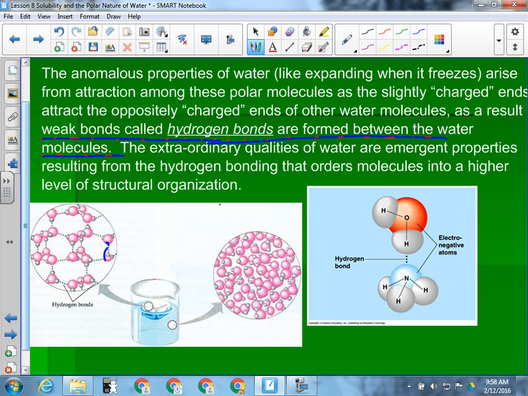Cohesion means water sticks to itself, surface tension. Adhesion means it sticks to other polar things. So you may have seen, if you have a really cold drink in a glass, that you get condensation on the outside of the glass. But sometimes those water drops don't run down the side of the glass right away. They can actually almost defy gravity and stick to the side of the glass. You guys seen that?